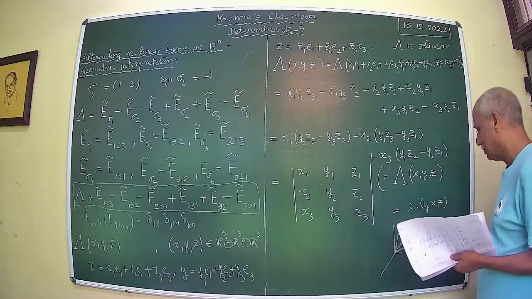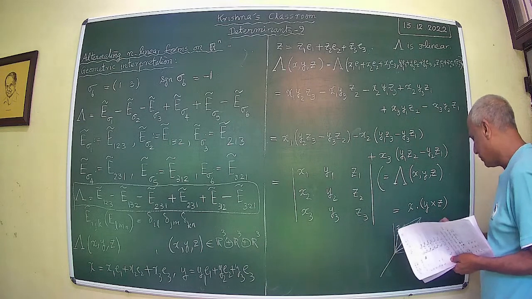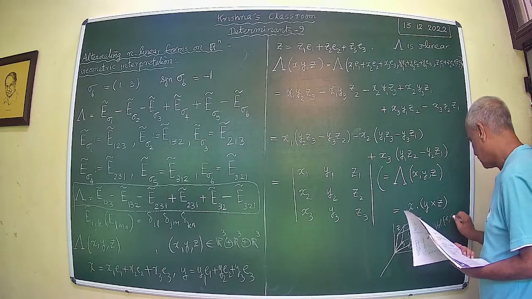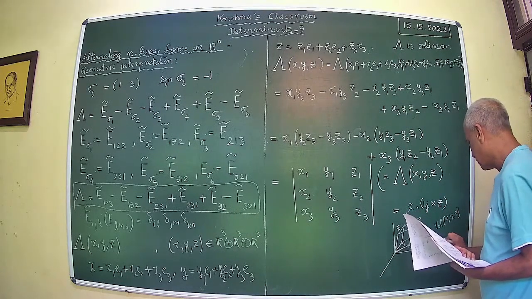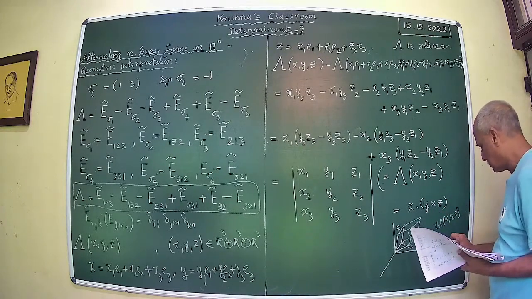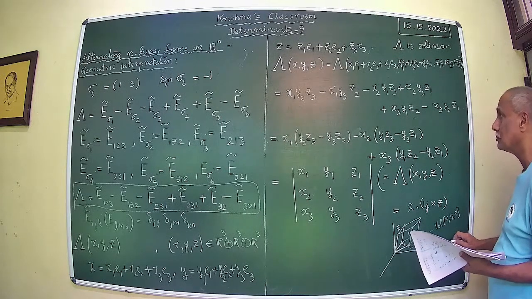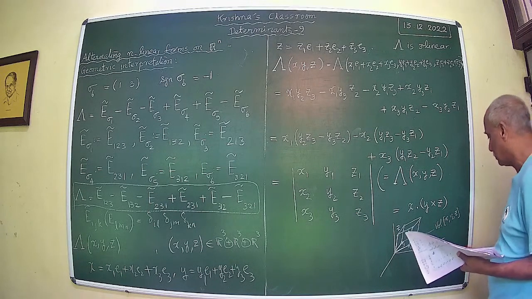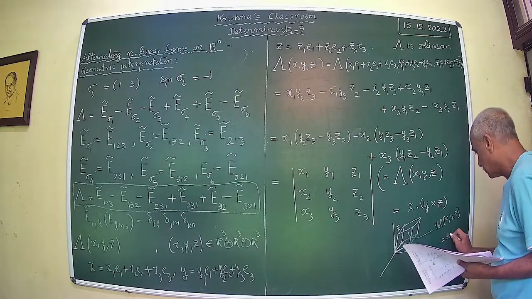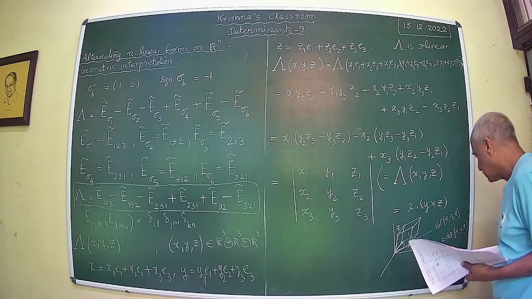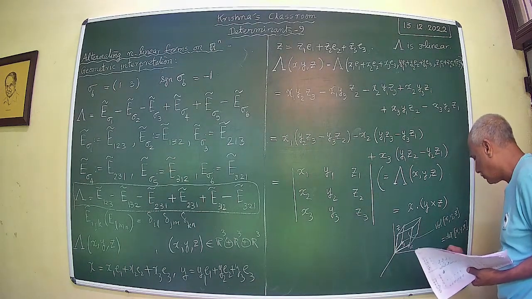So the volume is given by, equal to, which is equal to lambda of x, y, z.